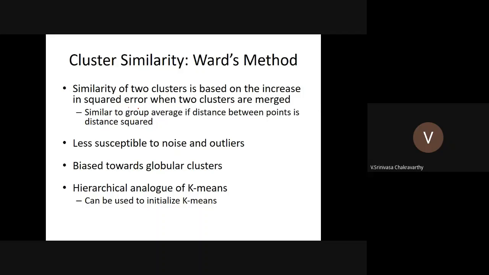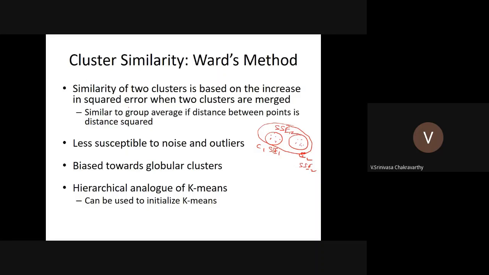So when you take two clusters, call them C1 and C2, C1 has an SSE, which is called SSE1, and C2 has SSE2. Now if I combine this data set and calculate the SSE, I'll call it SSE12.